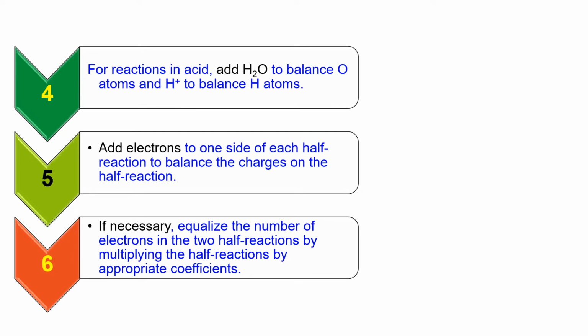Okay, the fourth step: for reaction in acid, you need to add water, H2O, to balance oxygen atoms, and hydrogen ion to balance hydrogen atoms. First of all, you need to add water depending on the number of oxygen present in the equation. Here you have 7 oxygen on the left hand side of the equation, meaning that you need to add 7 water.